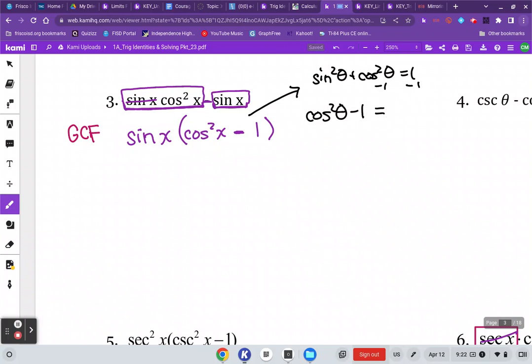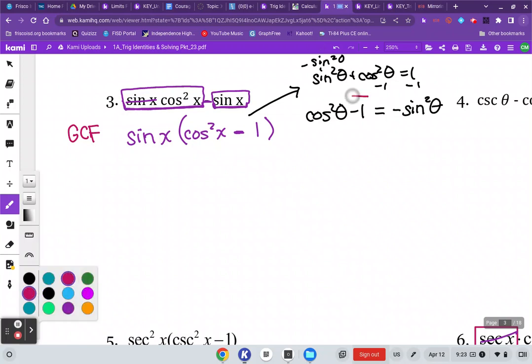And then what I would have to do is subtract the sine squared to the other side, right? So it would be minus sine squared over here. So this little process, we kind of come over to the side and work it out and see that, okay, cosine squared minus 1 is equal to negative sine squared.